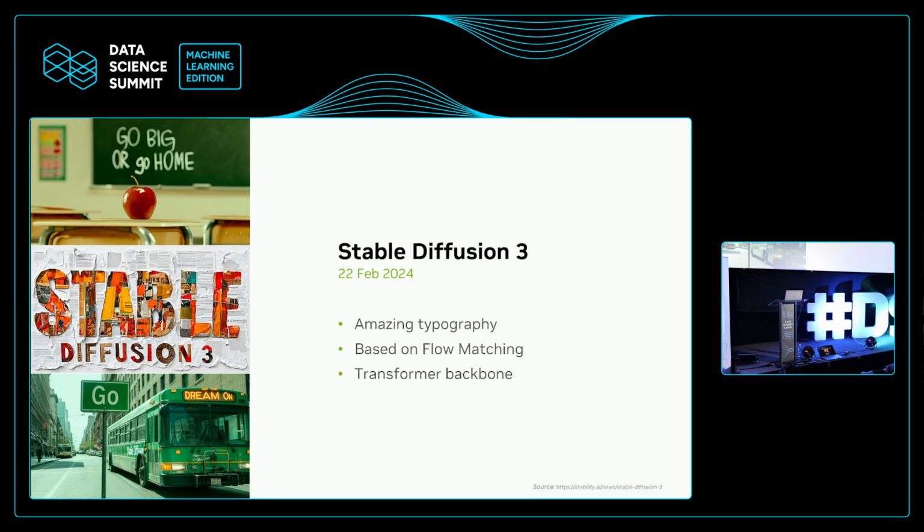It was trained slightly different. It was trained using flow matching. It's a little bit more general approach. It's very similar to how we originally trained diffusion models. And it was based on a transformer architecture. So previously, we have used UNets with convolution layers, but now the community slightly shifts towards transformers.